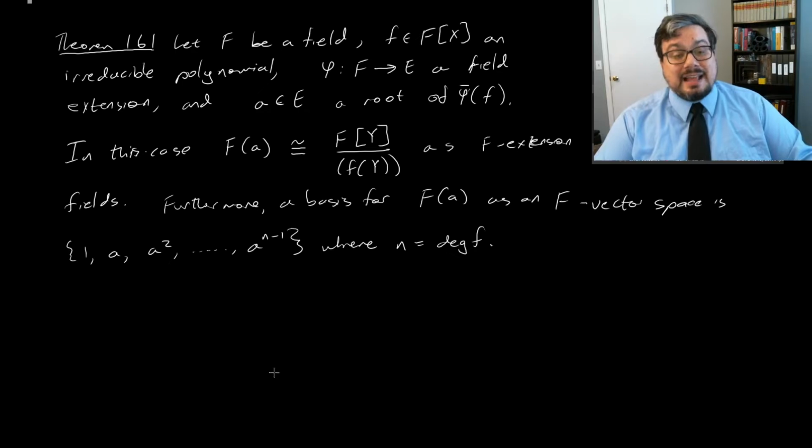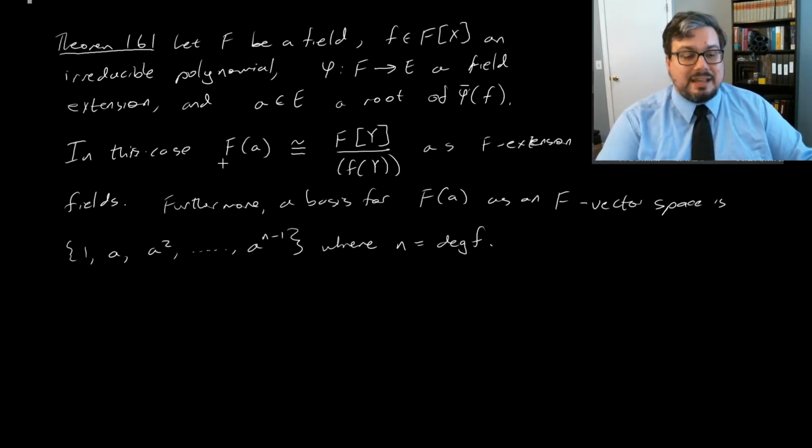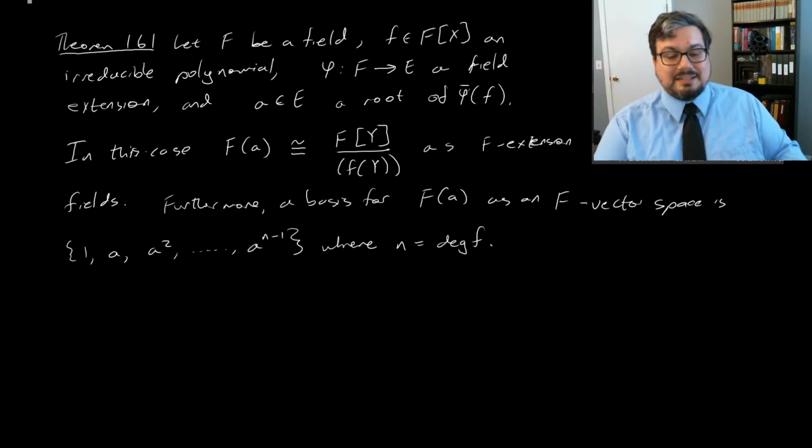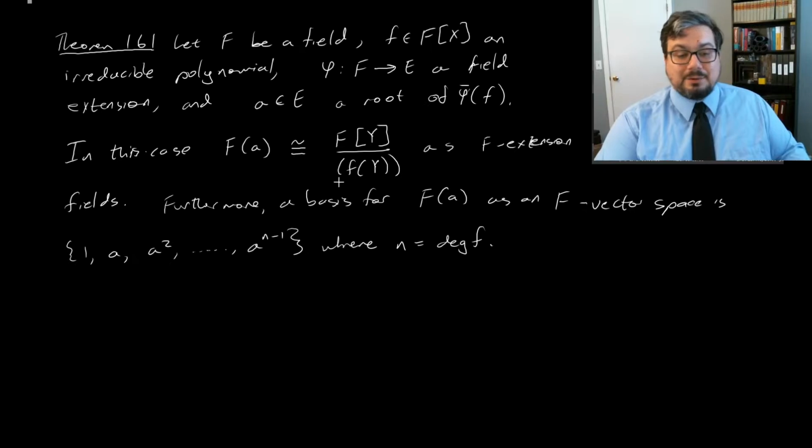So we can say a lot of things here. If we take our field F and put in any root of little f, take the smallest field containing all that, it can be described very specifically. We can describe its basis. In particular, we can say from this that it's an n-dimensional F vector space, where n is the degree of f, and we've got this isomorphism of extension fields that we can work with.